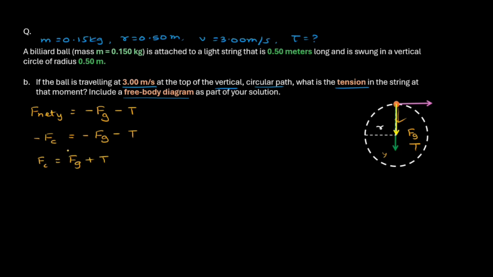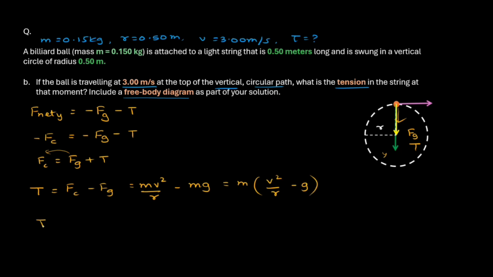I want to find the tension in the string, so we can move F_g to the other side. I get tension T as F_c minus F_g. F_c we can write as m v squared over r and F_g as m times g. Take m common. We get T equals m times v squared over r minus g.